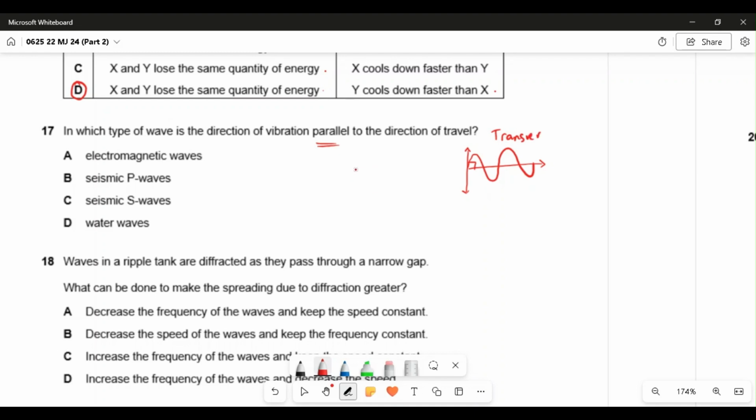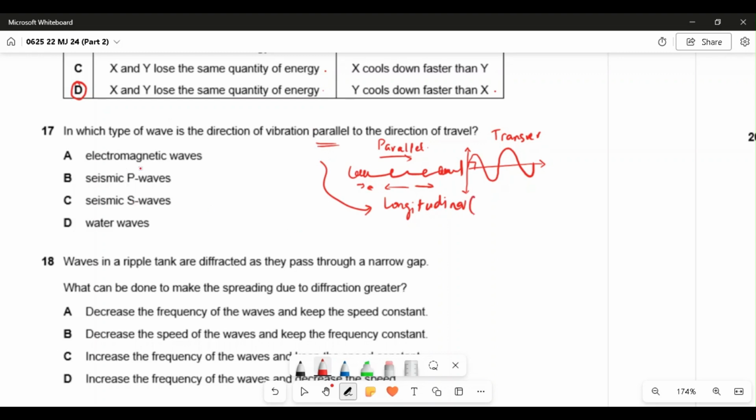The other is like a compressed slinky spring or the sound wave, in which particle motion and the vibration are parallel. These are called longitudinal waves. So this question, asking for parallel, is actually asking for the longitudinal waves.